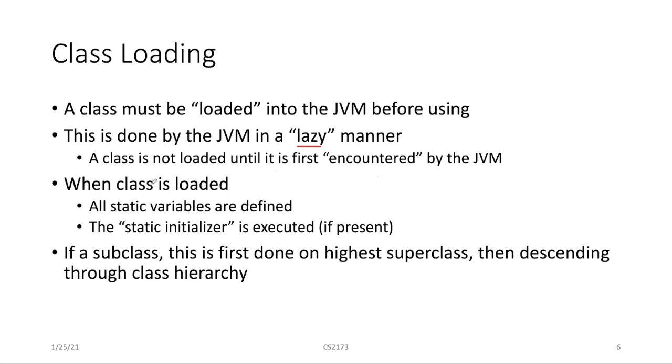Okay, so what happens when a class is loaded? First, all the static variables are defined. One little gotcha is that they're defined in the order that they're listed in the source code. So you sometimes have to be careful, because if you try to use a static variable in a previous static variable, things get flaky.